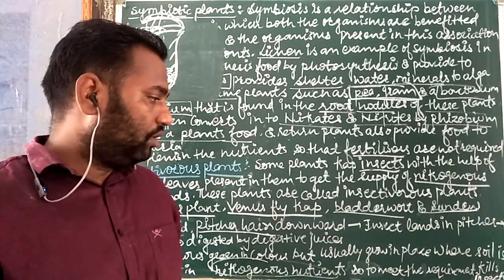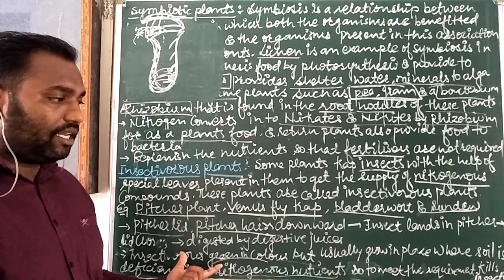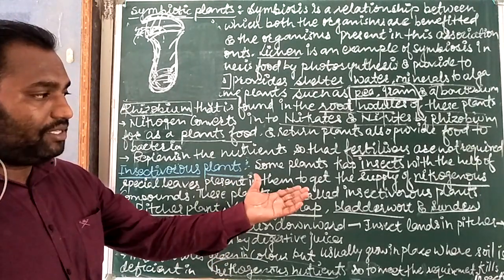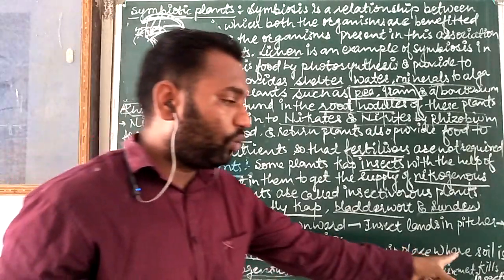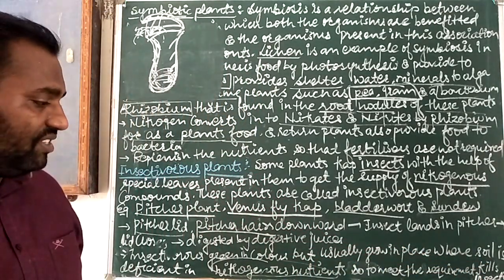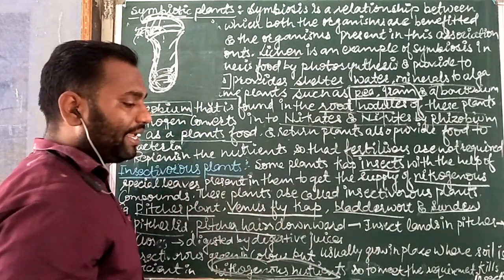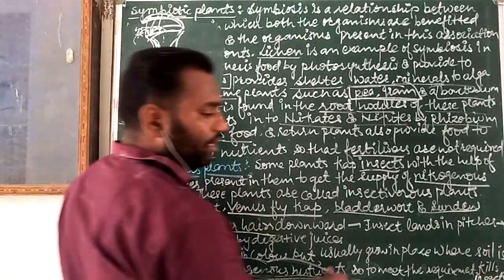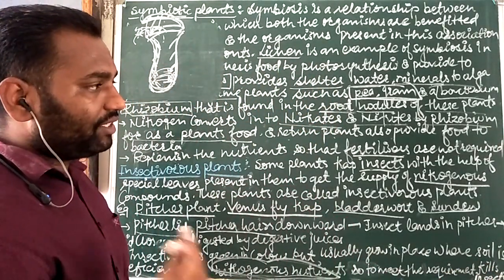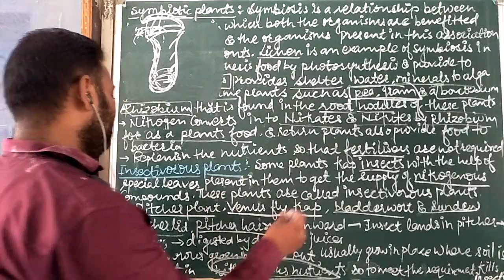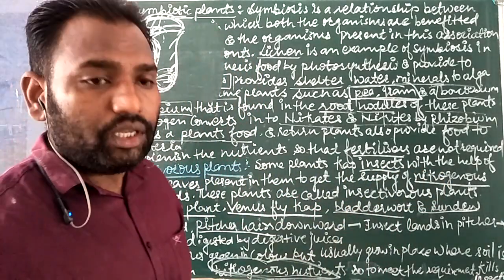I hope you understood why insectivorous plants are green in color but still trap and kill insects: because the growing place or soil is deficient in nitrogenous nutrients, and this requirement can only be met by killing the insects, and after killing the insects they get these nitrogenous compounds, the nitrogenous nutrients.